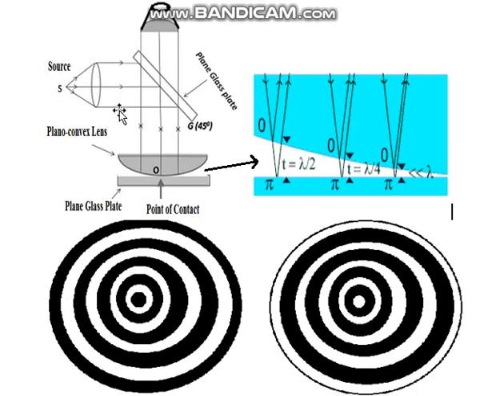And here there is a plane glass plate at 45 degrees, and this plane glass plate makes the light beam normal to the plano-convex lens. So here the light bends onto the plano-convex lens at 90 degrees.